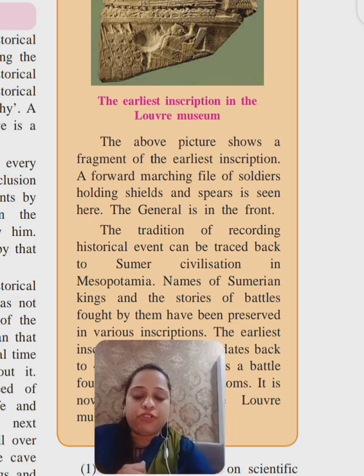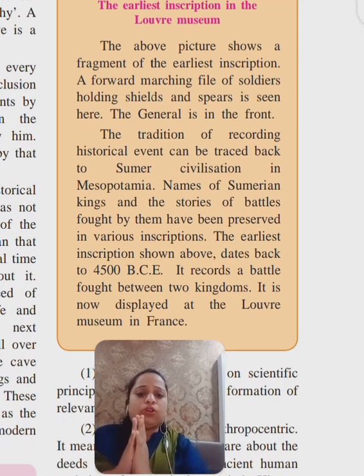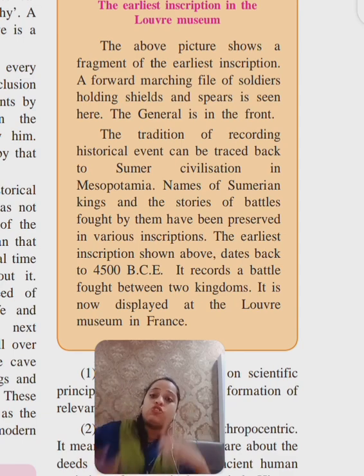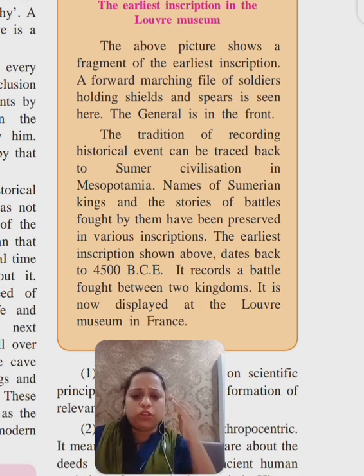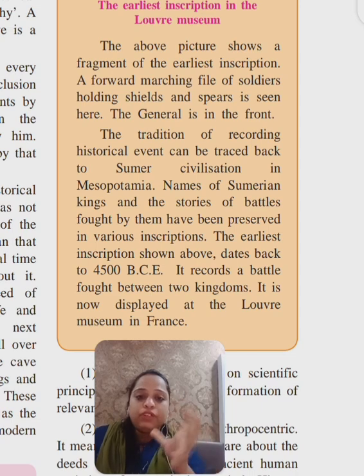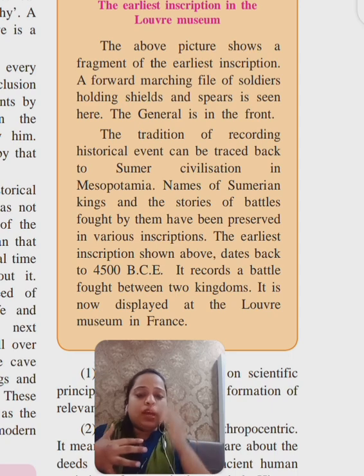The tradition of recording history can be traced back to the Sumer civilization in Mesopotamia. The names of the Sumerian kings and the stories of the battles fought by them have been preserved with the help of various inscriptions. With the help of such inscriptions, various past events have been recorded.